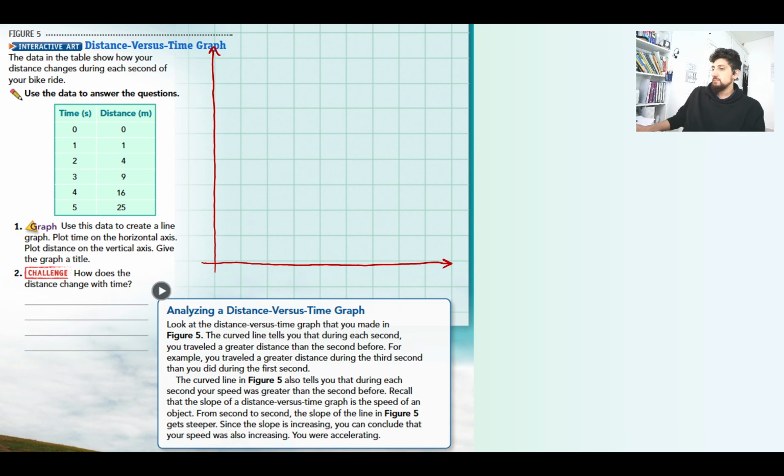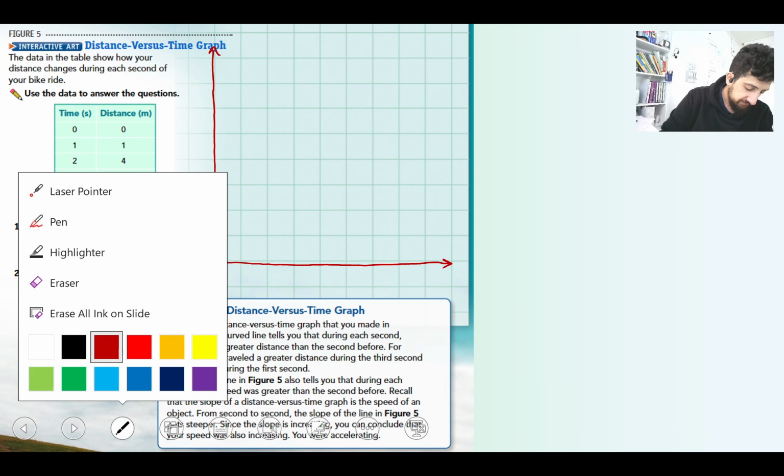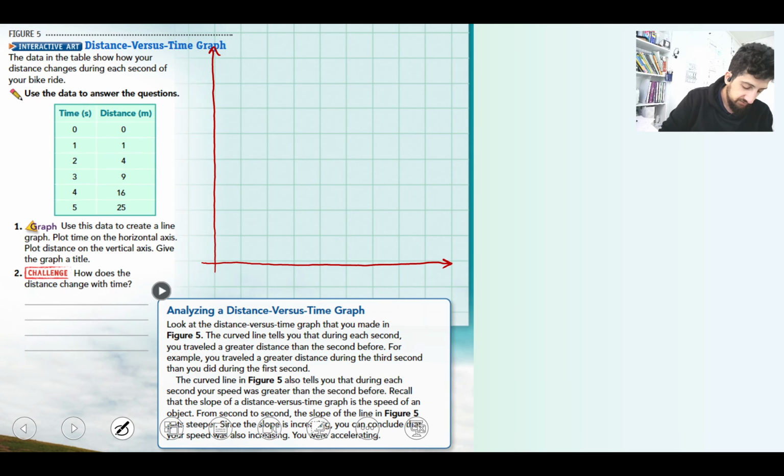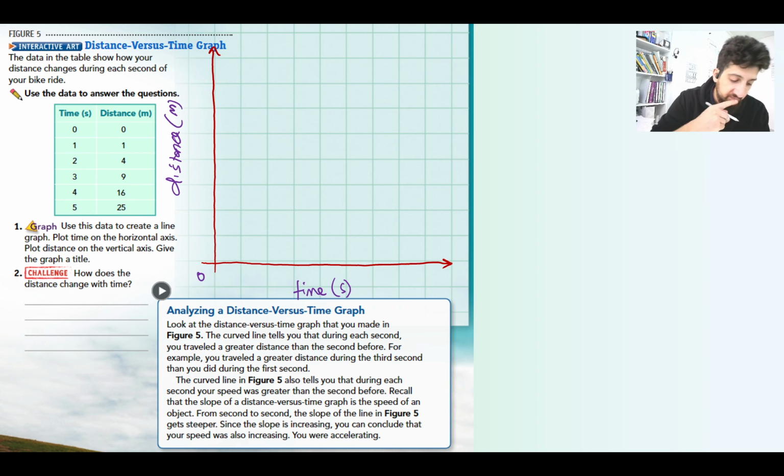So let's have a look. I'm going to use blue now. Maybe purple. Is that purple? That's purple. Right, so that's 0. Time is over here, and time is going to be in seconds. How do I know? It's right there. Distance is over here, and distance is going to be in meters.